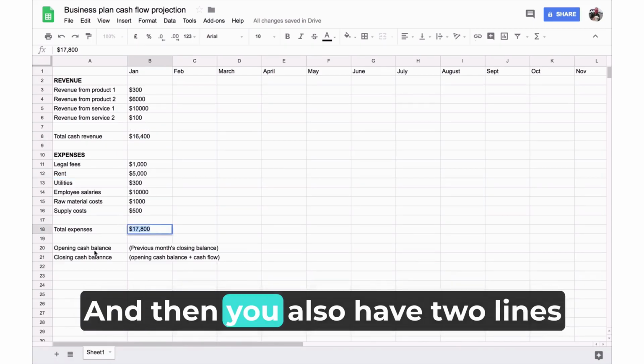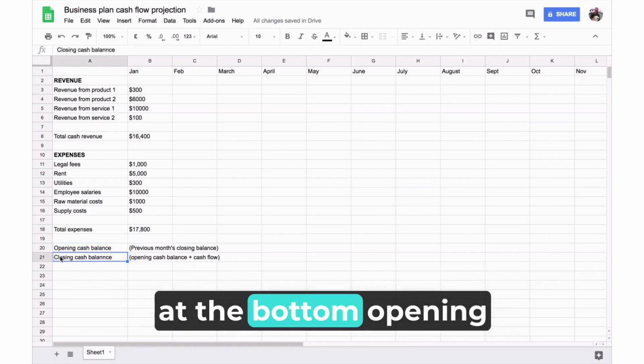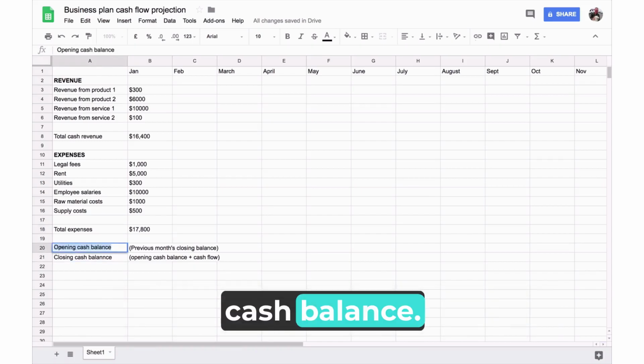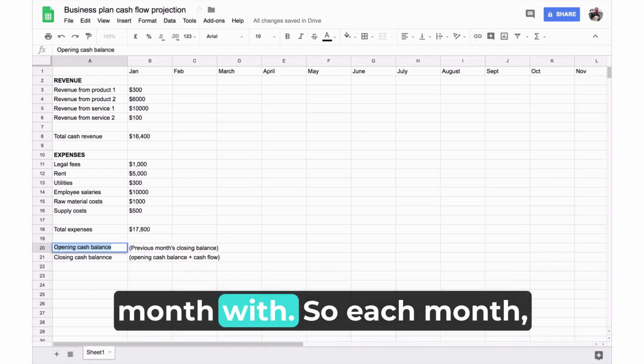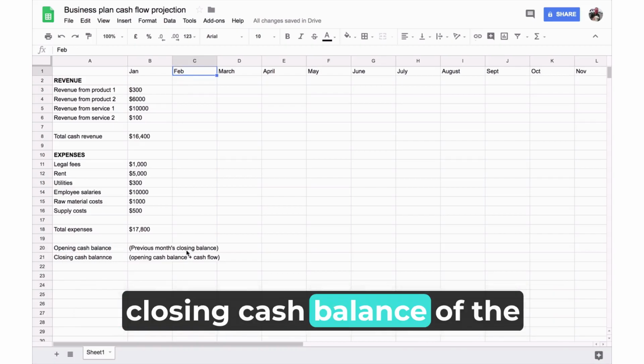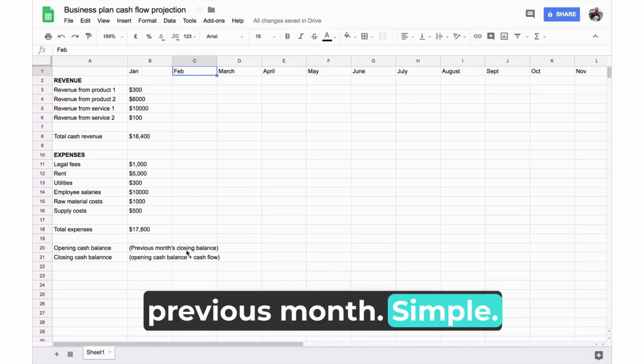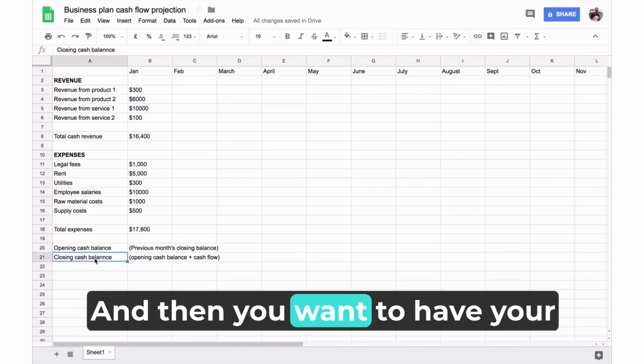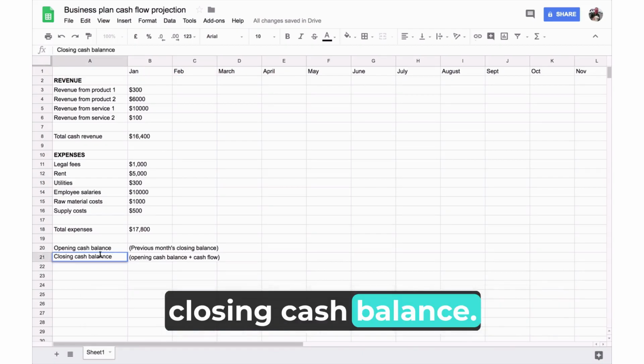And then you also have two lines at the bottom. Opening cash balance, that's what you started the month with. So each month, your opening cash balance is the closing cash balance of the previous month. Simple. And then you want to have your closing cash balance.